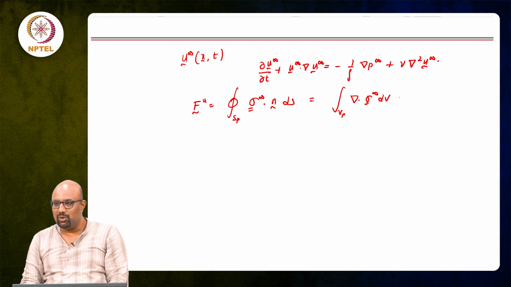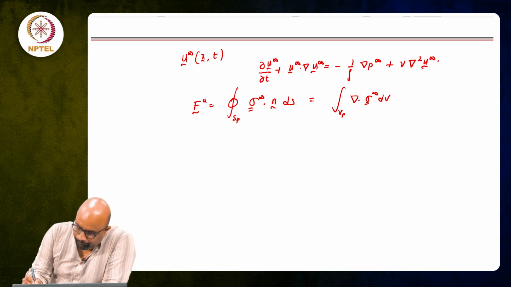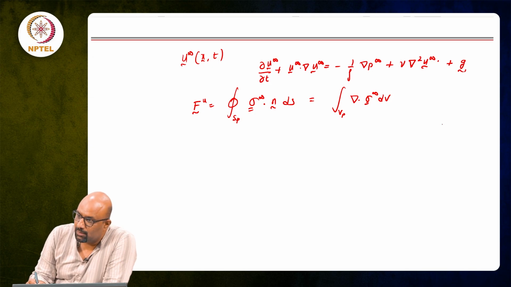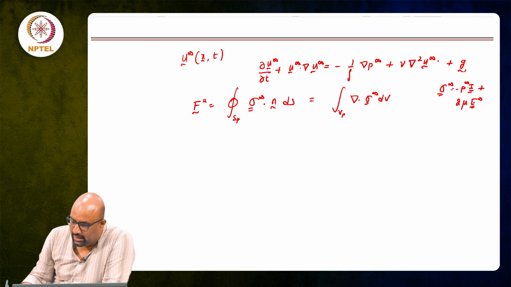So, it turns out into divergence of sigma infinity. Now, what is divergence of sigma infinity in this problem? So, here you have to be careful, because sigma infinity here is minus p Kronecker delta plus 2 mu E infinity, right. So, you can't just be taking pressure into account here.